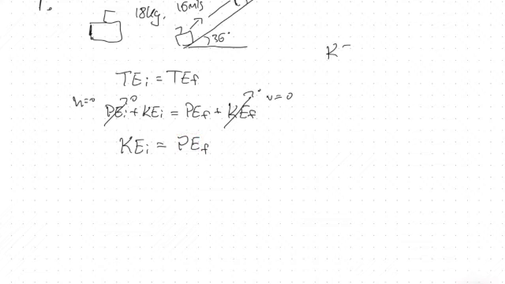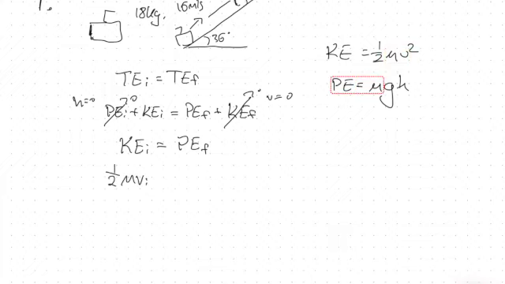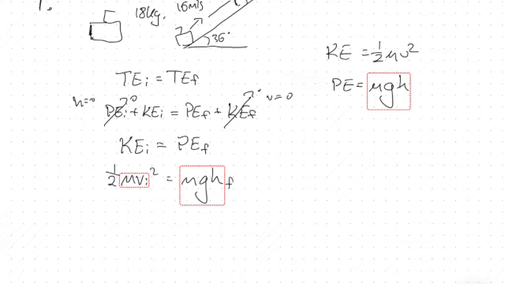Remember that kinetic energy has this equation, 1/2 mv squared, and potential energy has this equation, mgh. So 1/2 m v initial squared equals m g h final.